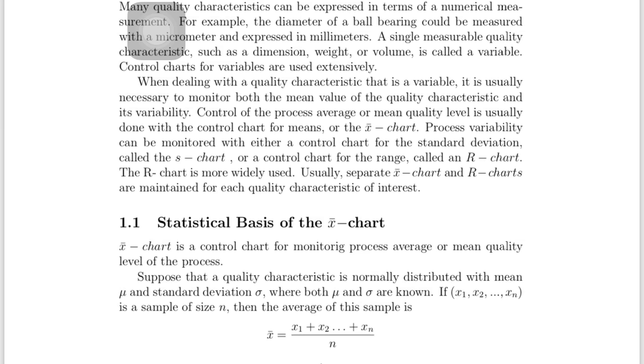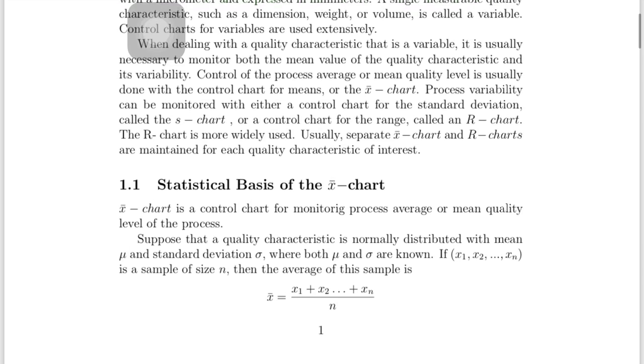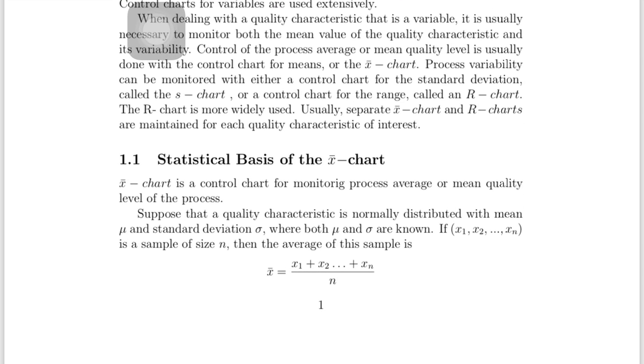And in discussing the statistical basis of X bar chart, we have to discuss two cases. Case 1 is when the process mean mu and process standard deviation sigma are known. That means they are already established. Mu of the process is established, standard deviation sigma of the process is also established.